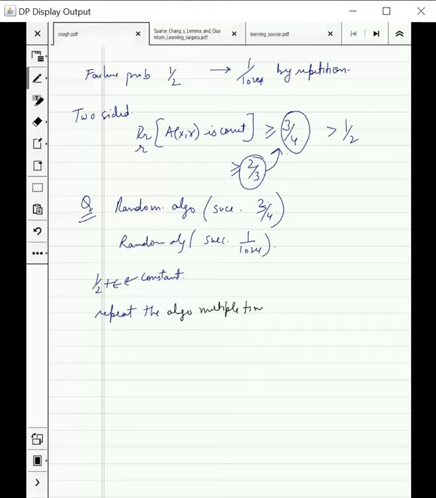So I will get a string 1 0 0 1 1 0, something like that. Let's say I'm repeating it k times, then I will get a string of these answers. Should I answer 1 or should I answer 0? It's not very hard to see that I should take the majority of the outcomes.